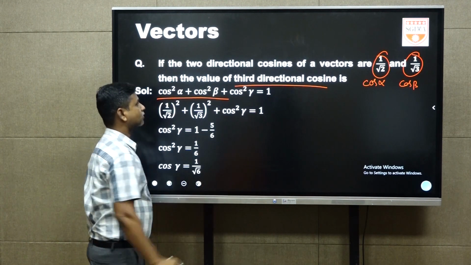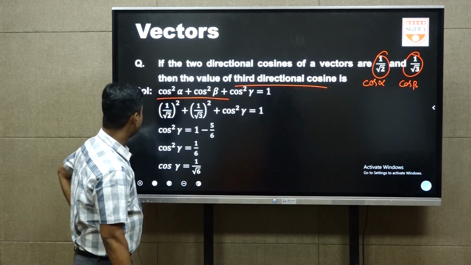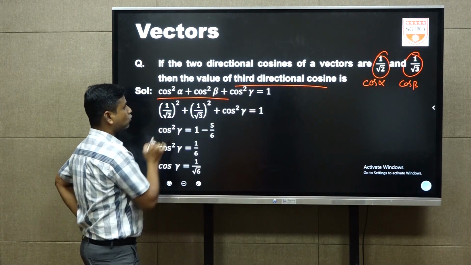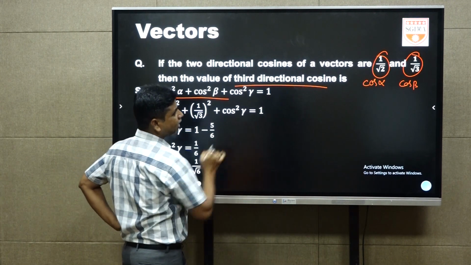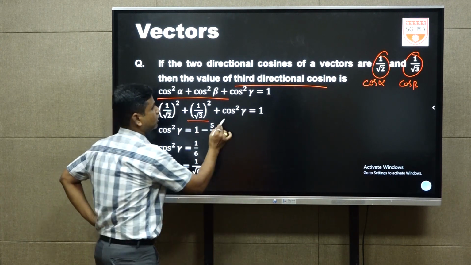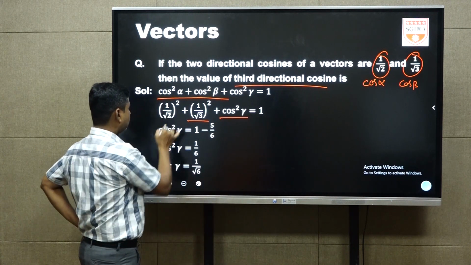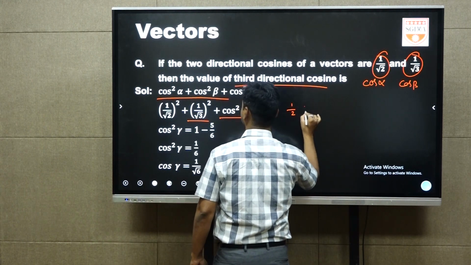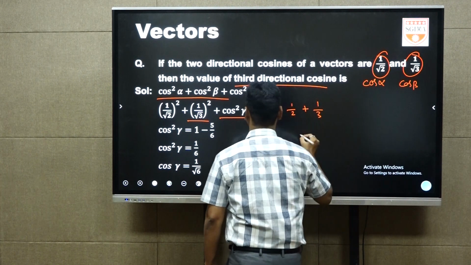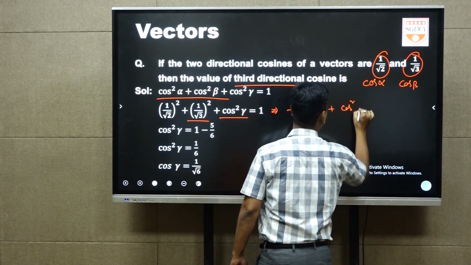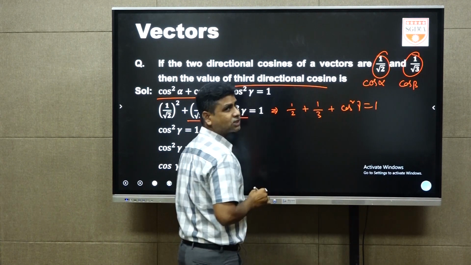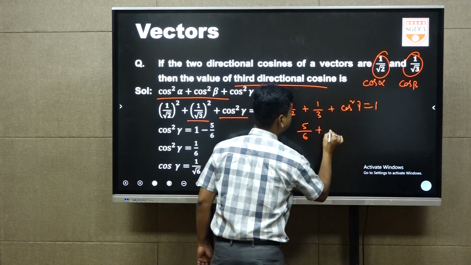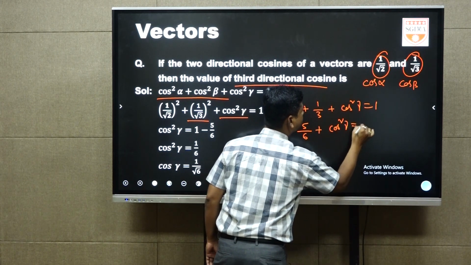Now again take the equation cos square alpha plus cos square beta plus cos square gamma equals 1. Cos alpha is given as 1 by root 2, 1 by root 2 whole square, plus cos beta is given as 1 by root 3, 1 by root 3 whole square, plus cos square gamma equals 1. 1 by root 2 whole square is 1 by 2, plus 1 by root 3 whole square is 1 by 3, plus cos square gamma equals 1. 1 by 2 plus 1 by 3 equals 5 by 6, plus cos square gamma equals 1.